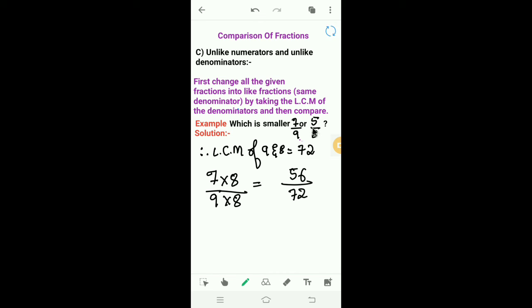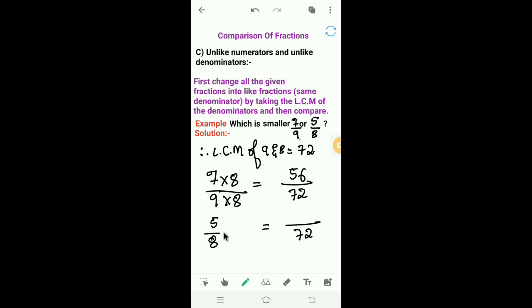Next I will take the second fraction. Here also we have to take the LCM of 9 and 8 as the denominator, that is 72. How much should we multiply to 8 to get denominator as 72? 8 9s are 72.